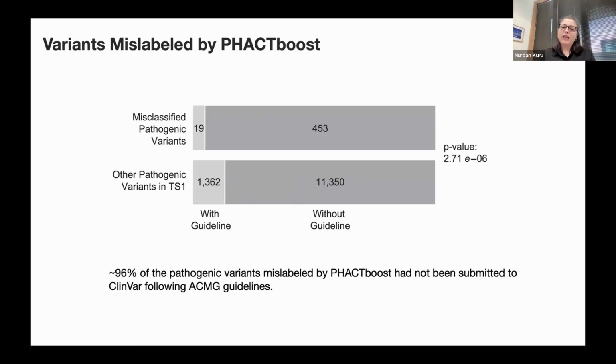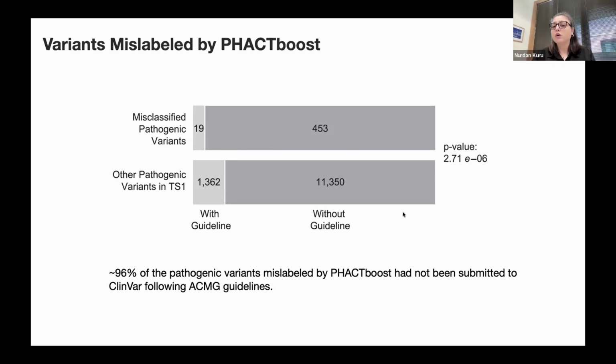As you already know, ACMG provides guidelines to label variants based on population-level evidence, clinical-level evidence, even computational-level evidence. Most of the variants in ClinVar are submitted without any guideline, I agree, but here the ratio is 9. However, for the misclassified pathogenic variants, the ratio increased to 25. So we wanted to check whether misclassification is associated with guideline status.